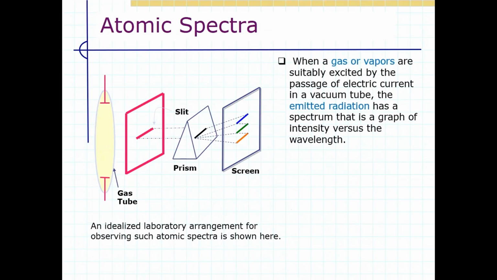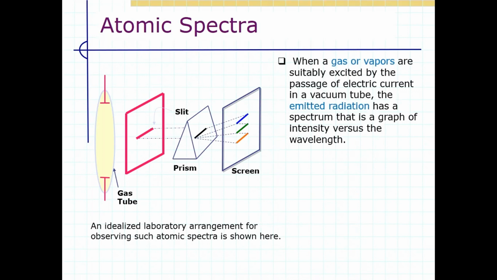There is a board, and there is a slit through which the light passes. It hits the prism, and it is diffracted, and then it splits according to the wavelength of the light, and the different parts of the light go to different places, and therefore they are split.